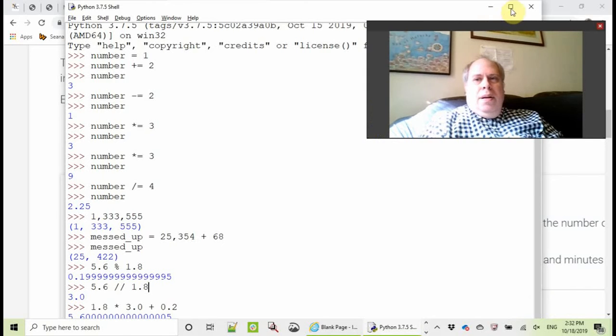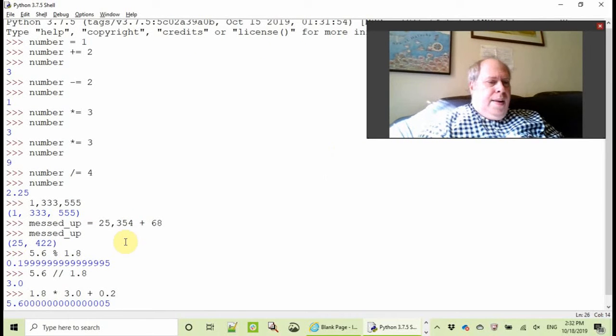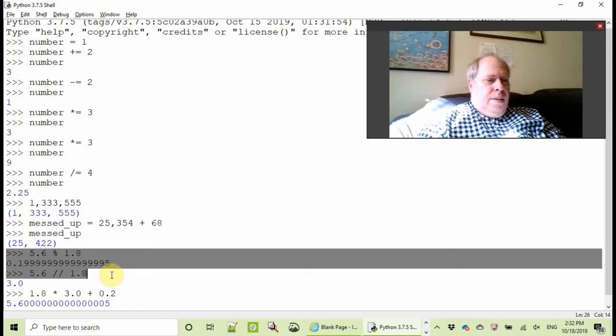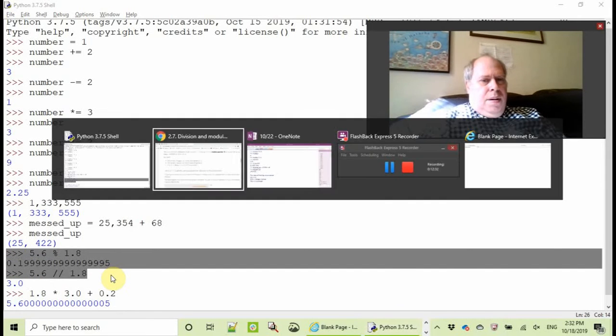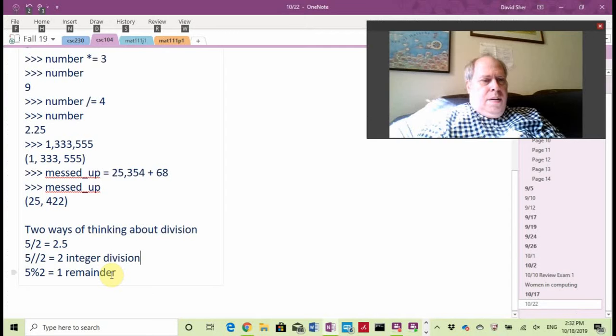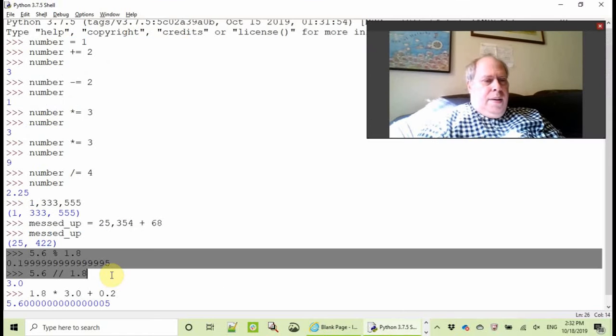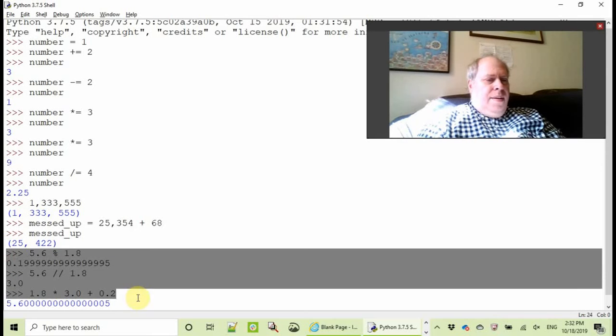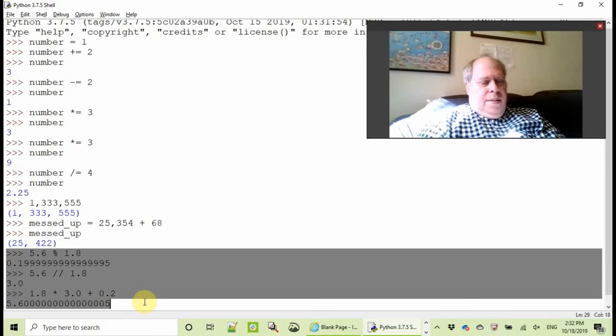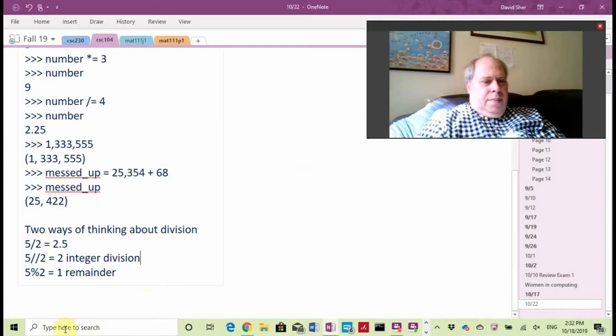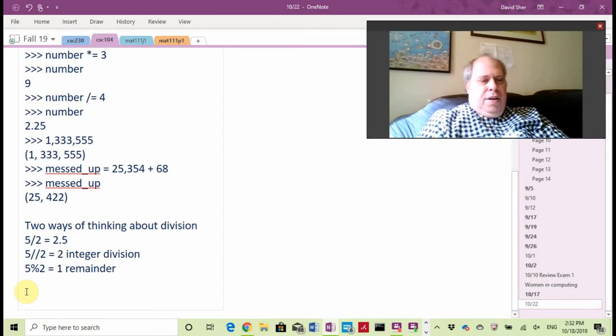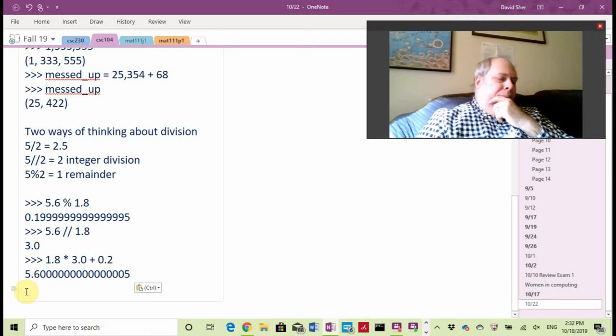Let me just check what I have in here. Yeah, that's where we ended. So remainder and integer division work even when the pieces are floating point.